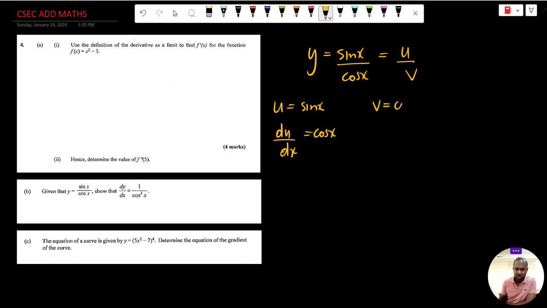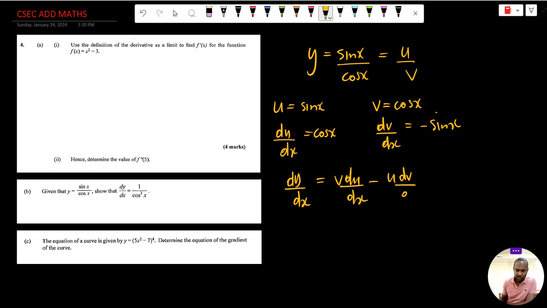Similarly, if v is equal to cos x, then dv by dx is equal to minus sine x. Now, according to the quotient rule of differentiation, we can say that dy by dx is equal to v du by dx minus u dv by dx all over v squared, right?